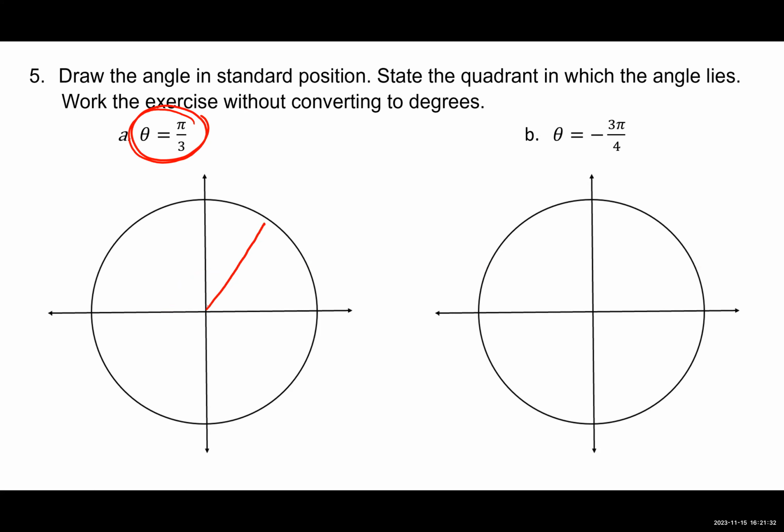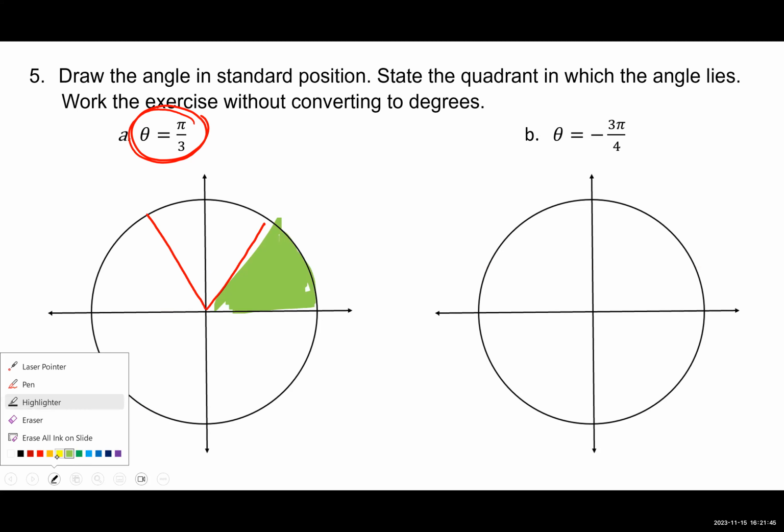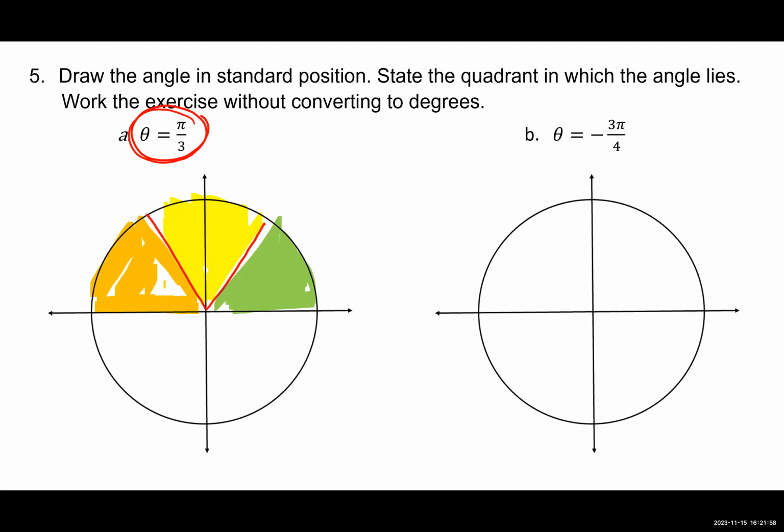If you take a half circle and slice it up into 3 equal pieces, well, if the entire half circle is pi, then this angle right here is pi over 3, this angle is pi over 3, and this angle is pi over 3. A third of a semicircle is pi over 3.